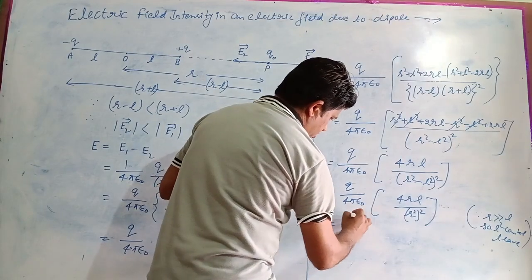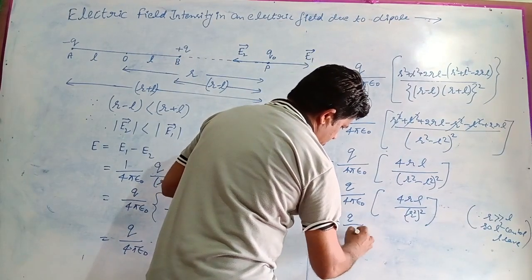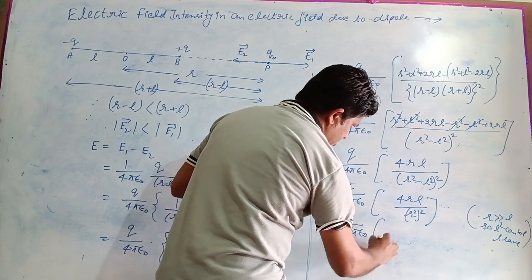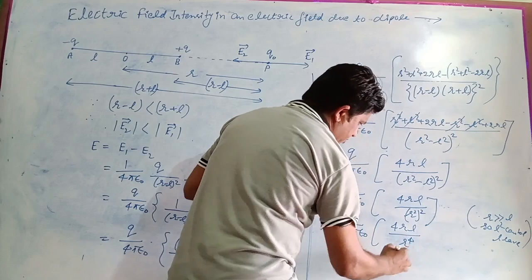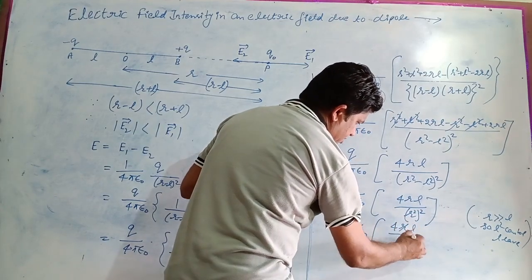So now q upon 4 pi epsilon naught, 4 RL upon r to the power 4. So here we get power 3.